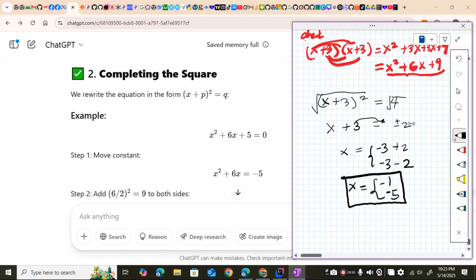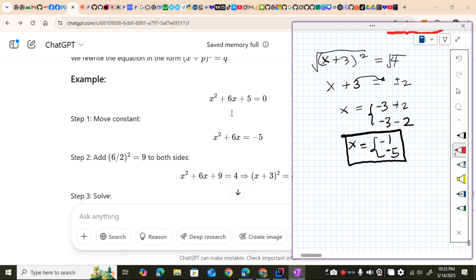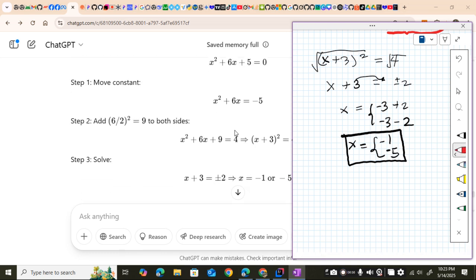Now, well, we can provide a check to be sure. According to ChatGPT, his solution is indeed minus 1 and minus 5. But we want to be sure that everything is working well. So we can provide a check. Now we rewrite the equation again. So that is x squared plus 6x plus 5 equals 0.